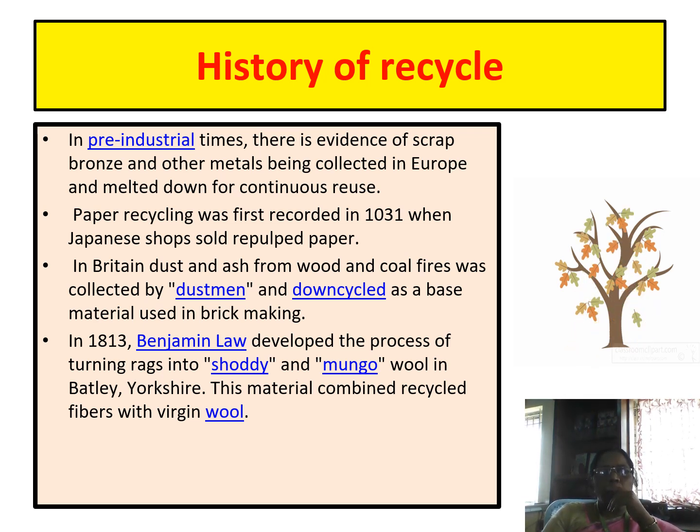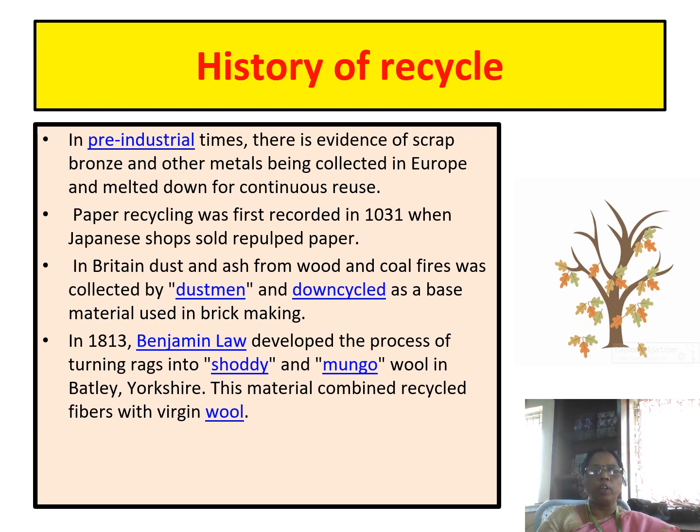In Britain, dust and ash from wood and coal fires was collected by dustmen and downcycled as a base material used in brick making. In 1813, Benjamin Law developed the process of turning rags into shoddy and mungo wool in Batley, Yorkshire. This material combined the recycled fibers with virgin wool to make a very good product.